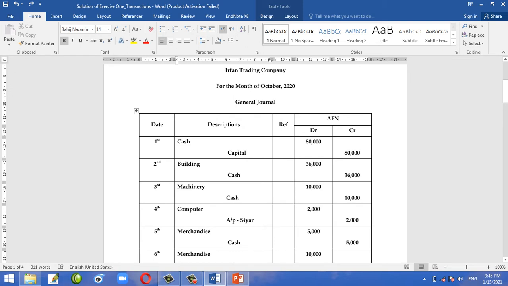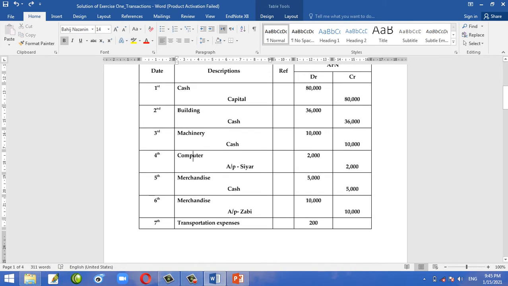So now come to the ledger. We will create specific ledgers for cash, for building, for machinery, for computer, for merchandise, for accounts payable, and so on. There should be a specific account for each of the items.